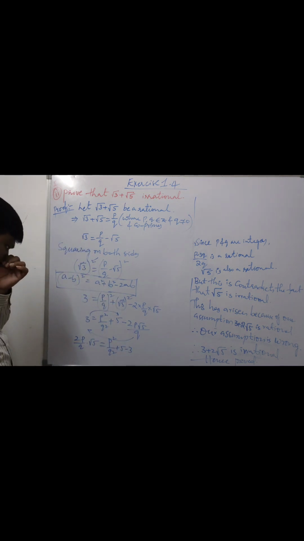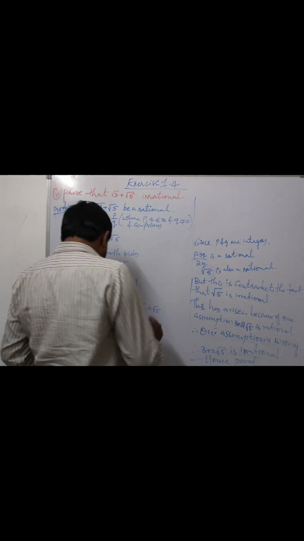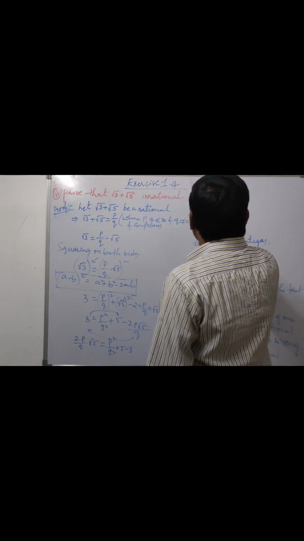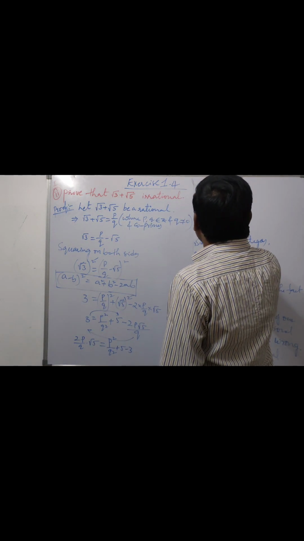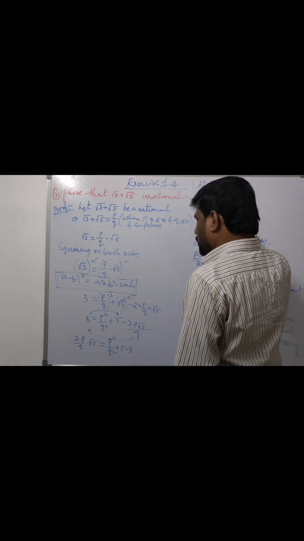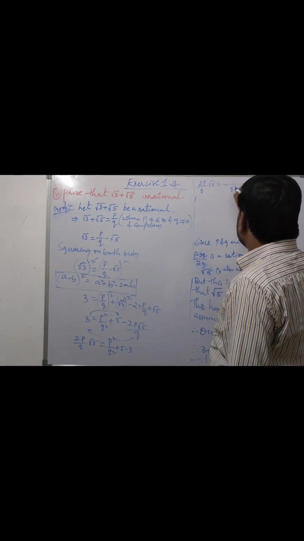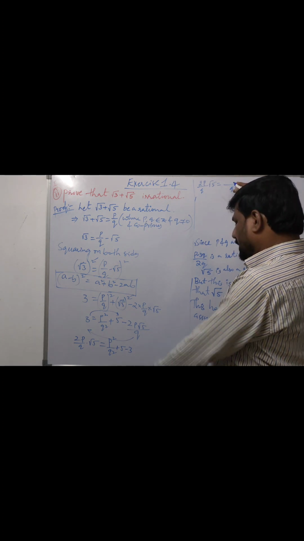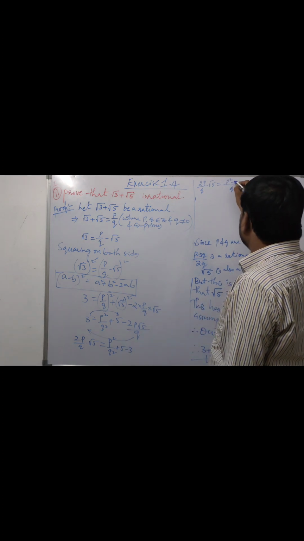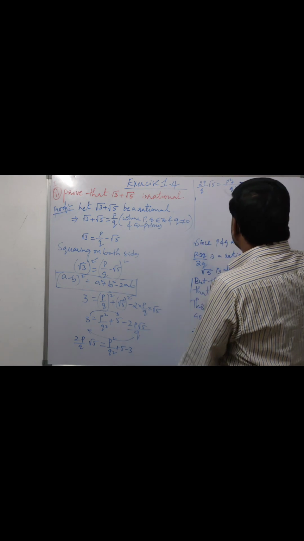Clear? So then what we get here: in the LHS, 2p by q into root 5 is equal to, if you take the LCM, q square. Then here p square plus 5 minus 3 is 2, so 2q square.